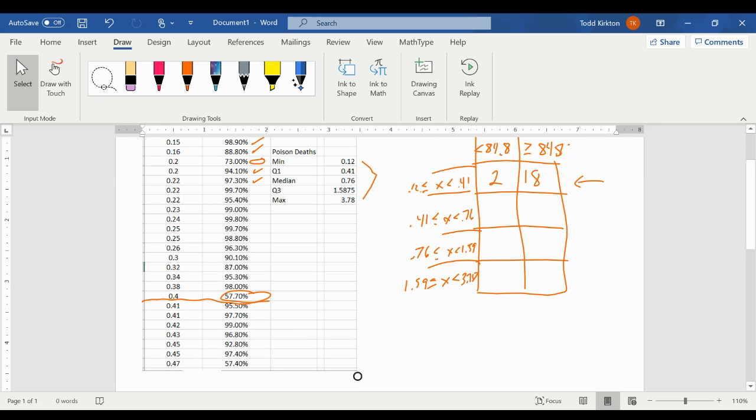I didn't copy the whole list, but the next set would fall in the second row, because we're looking at the X being between 0.41 and 0.76. Obviously, there's 20 values. So again, I'm just looking to see which of them are above the mean. That'd be the faster way to tally. Or which ones are below the mean, either one.